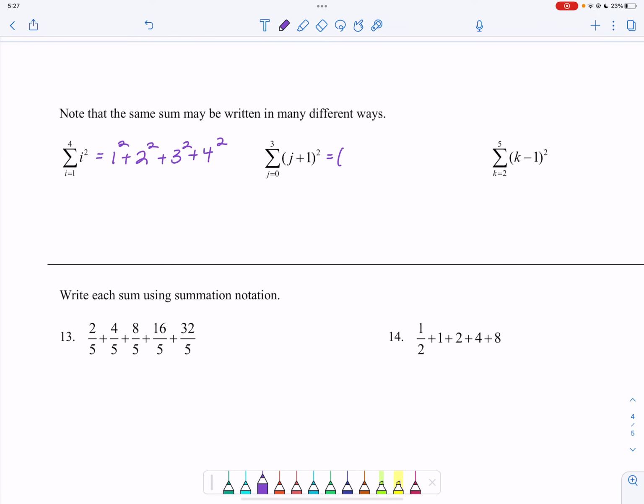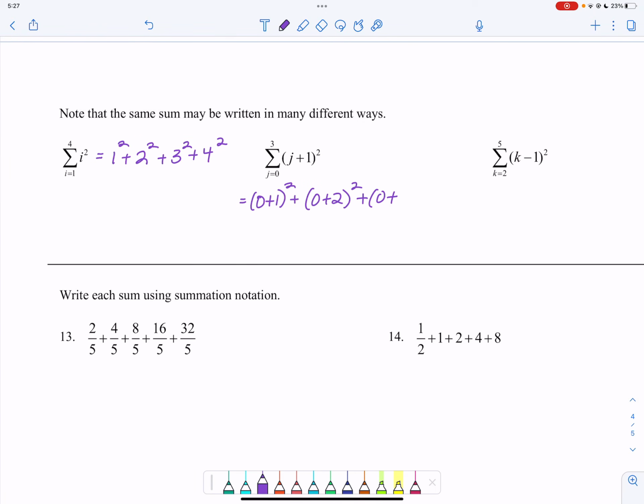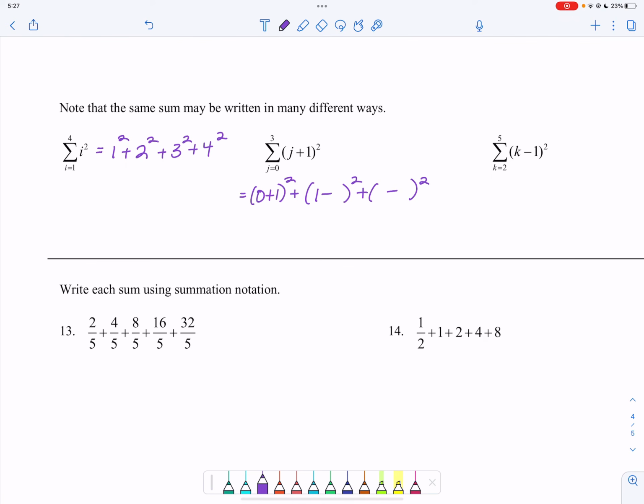And here we would have 0 plus 1 squared, 0 plus 2 squared, 0 plus 3 squared. Oh, excuse me, I did that wrong. Let me start over. J is in the front. So that would be 0, 1, 2, and then we need our 3.